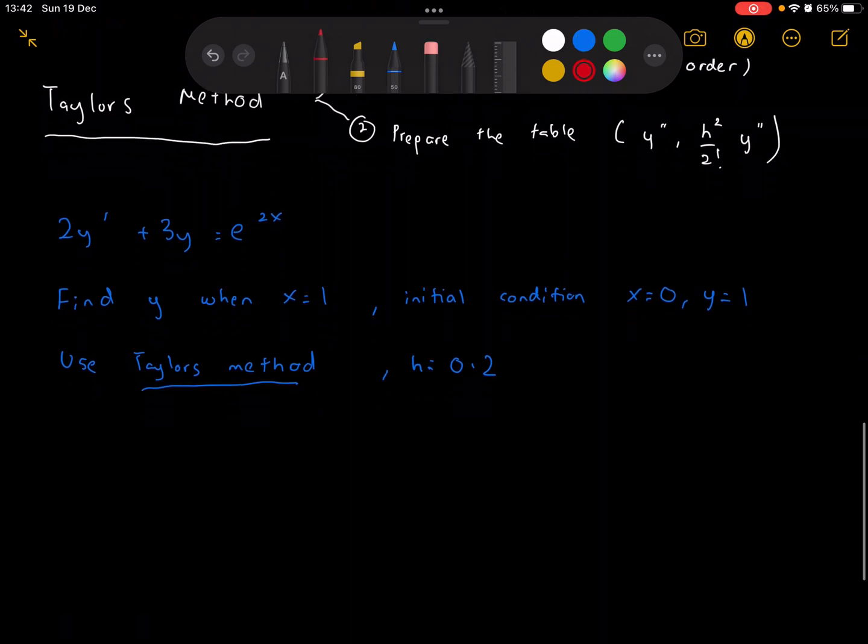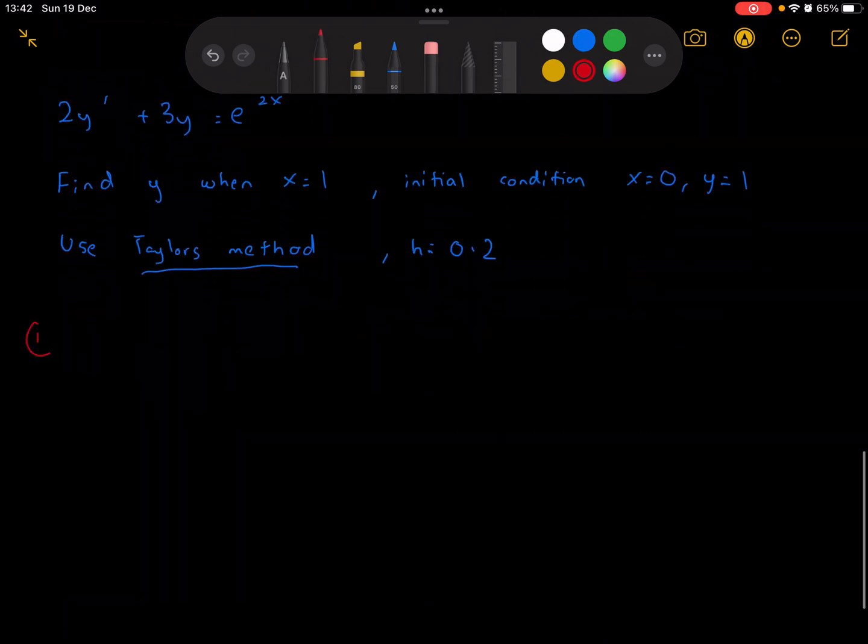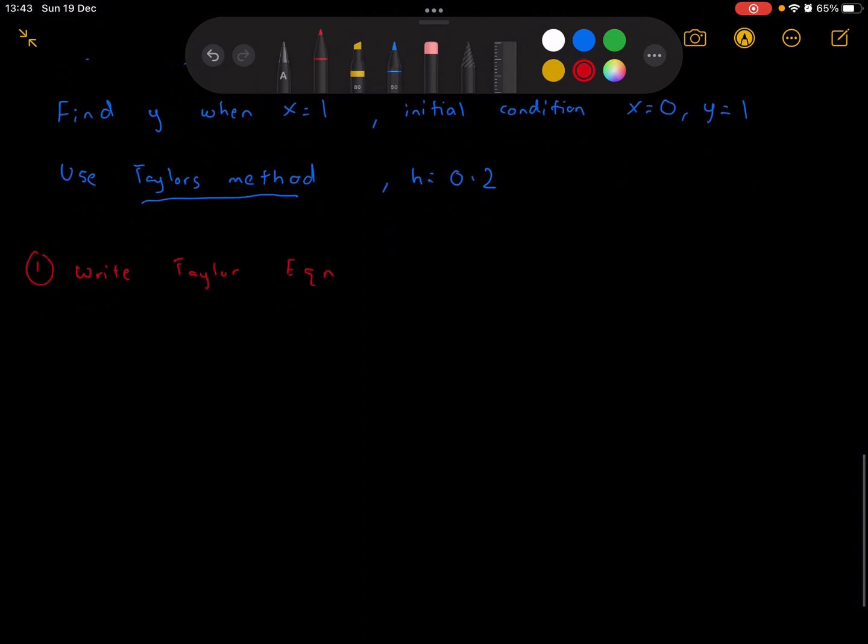So first, what we need to do is write Taylor's equation, whereby Taylor's equation is given as y(xi plus 1) equals y(xi) plus h y prime(xi), and an additional term to the Euler's method.